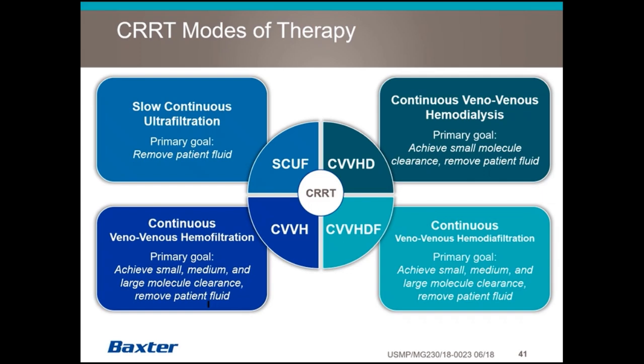But at the same time, dialysate solution is also administered, so you're getting the diffusive concentration gradient benefits, the same things that the proximal and distal tubules do in our kidney to help balance out and do tubular reabsorption. So basically CVVHDF is what some consider to be the closest to native kidney function because you're doing both dialysis or diffusion and hemofiltration or convection. You're using both replacement solution and dialysate at the same time.